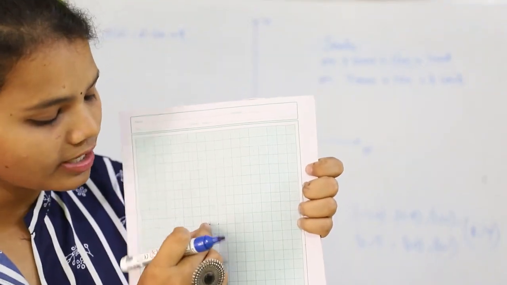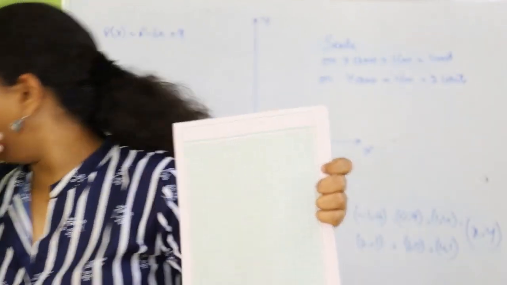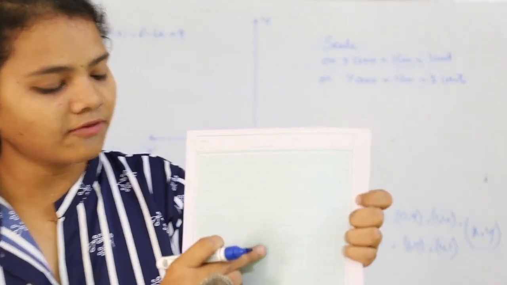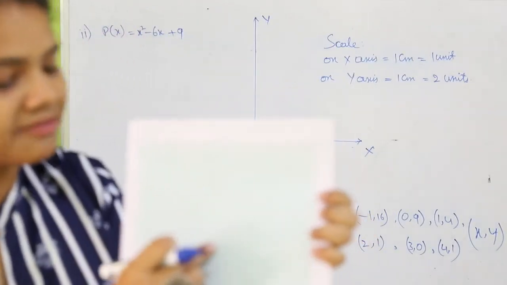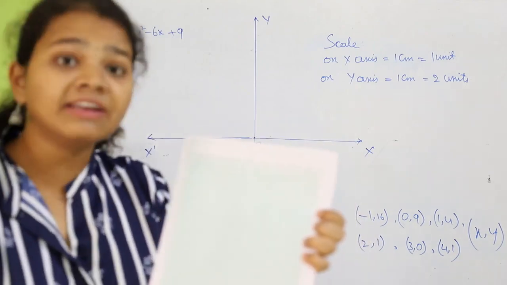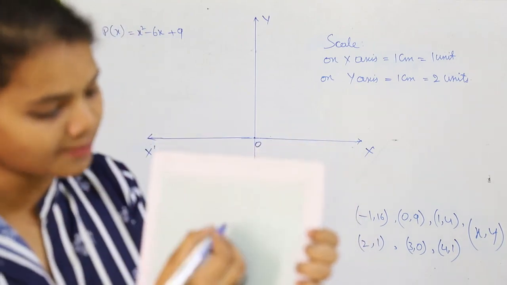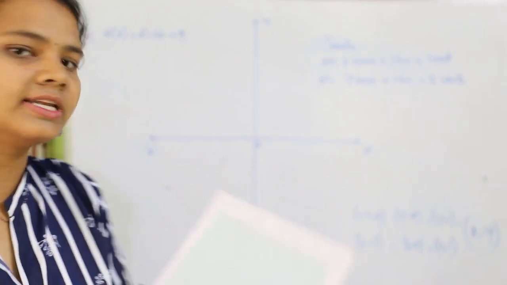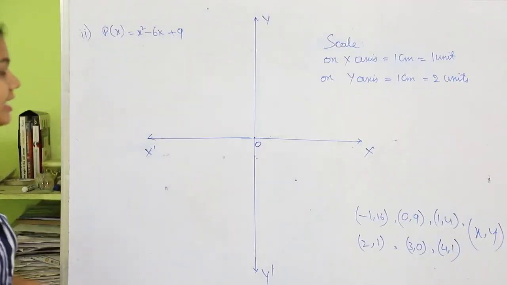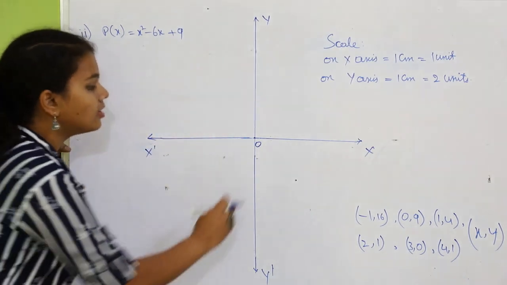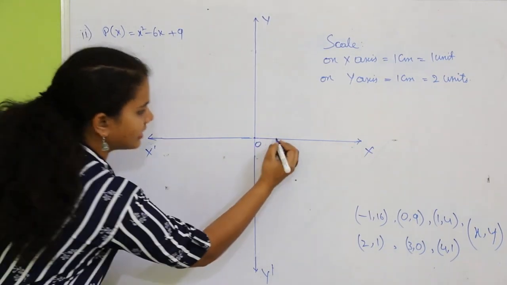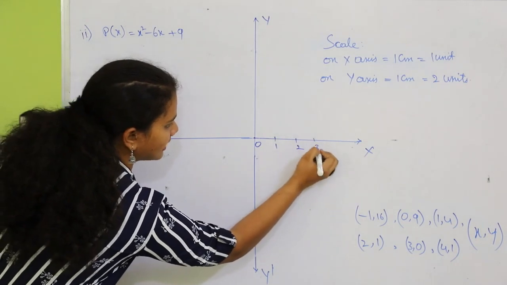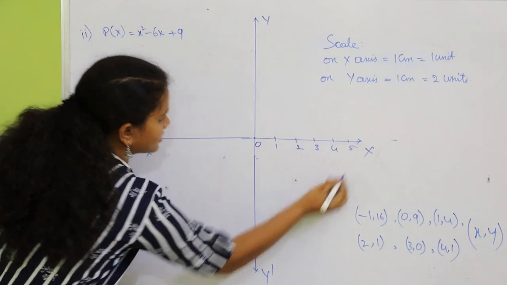So I am considering 1 centimeter as 2 units on the y-axis, and 1 centimeter as 1 unit on the x-axis. Clear? If you don't get it, you will get it after looking at this. So let's start: let it be 1 over here, 2, 3, 4, 5. Start.